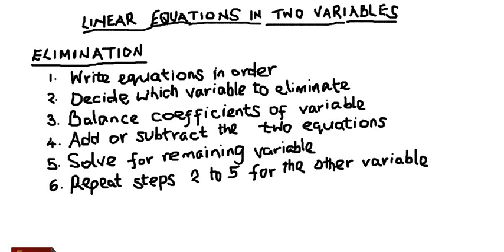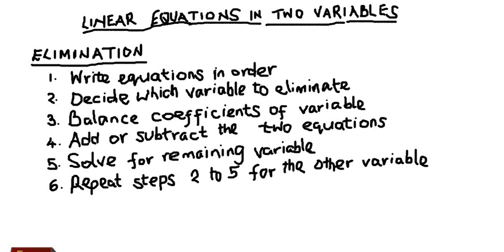Once you've added or subtracted the two equations, you're going to remain with one variable. So you proceed to solve that one variable so that you know its value. Then once you have found the value of this one variable, you can repeat the steps from step 2 to step 5 so that you solve for the other variable that you eliminated.